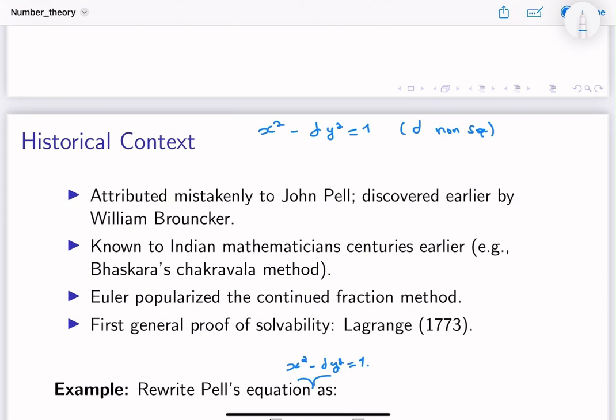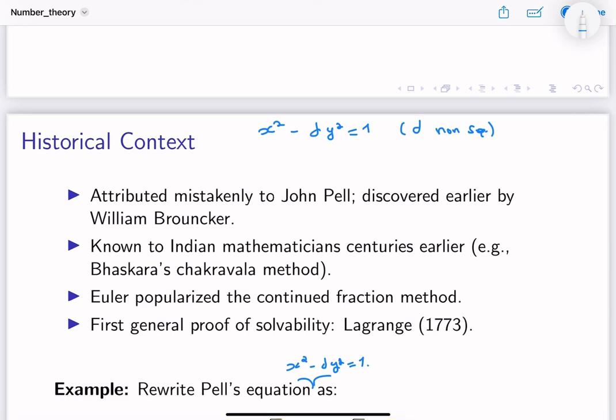He proved this in 1773. This is fascinating, because there is obviously a trivial solution: x equals 1 and y equals 0, but that's just a trivial one.